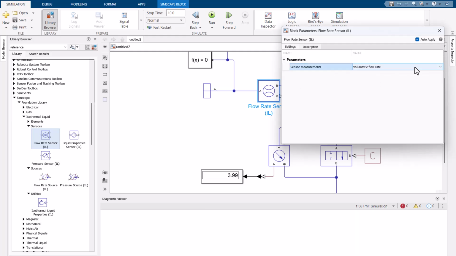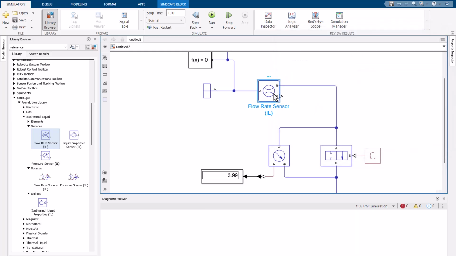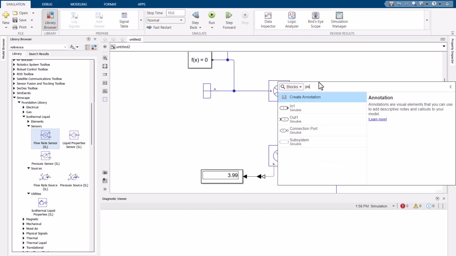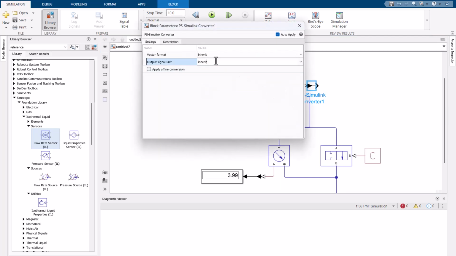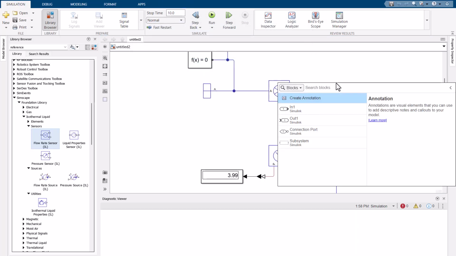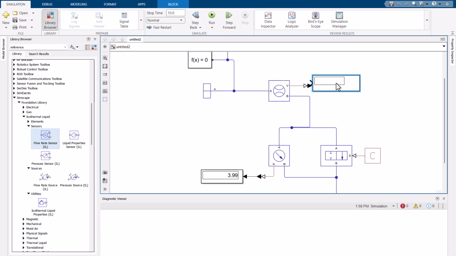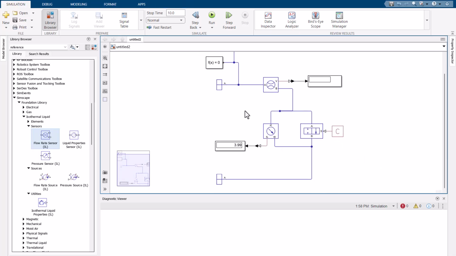I add a volumetric flow rate sensor, which is going to display the flow rate in GPM. And since the differential pressure across the valve is going to be equal to 1 psi, I do not need this pressure sensor anymore.